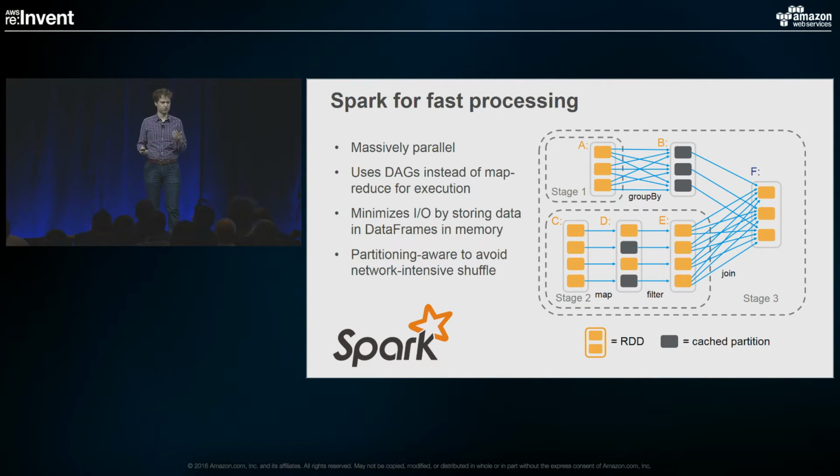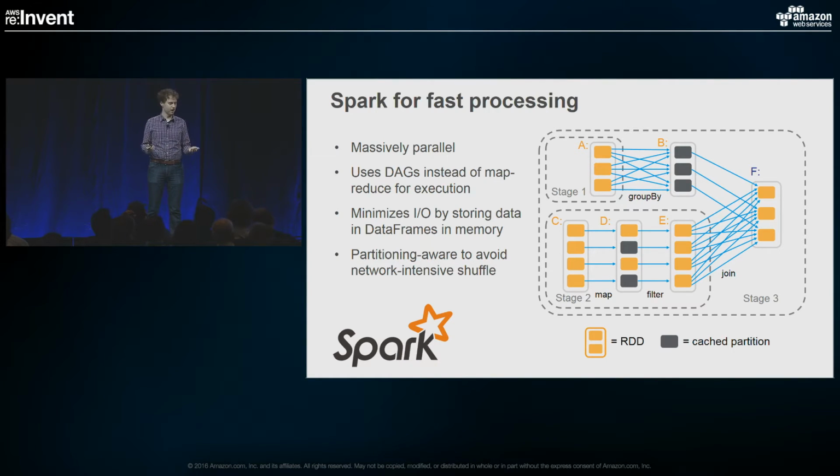Just like Hadoop MapReduce, it's massively parallel, but instead of running multiple MapReduce jobs like you might have used for Mahout, which are some machine learning libraries over MapReduce, or something like Hive, Spark uses a highly optimized DAG to more effectively create a query plan and does full stage code generation to make these queries and these machine learning jobs efficient.